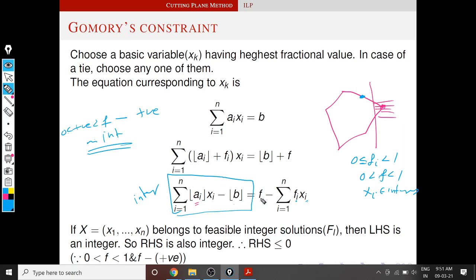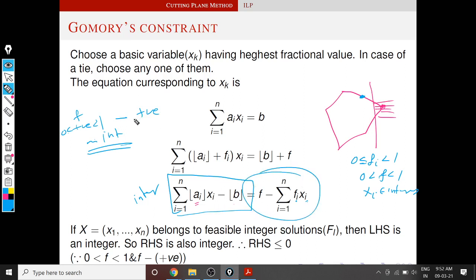Pay attention and understand. f is a fraction in between 0 and 1. So f is a fraction in between 0 and 1 minus a positive quantity. This is a positive number because all the fi's are positive. So a quantity in between 0 and 1 minus a positive quantity, and this whole thing is an integer because LHS is an integer.